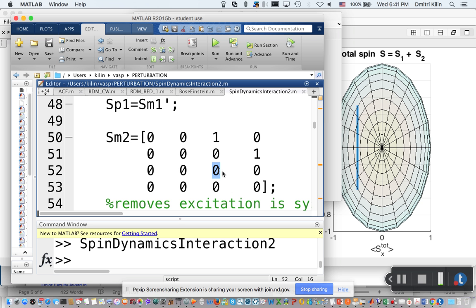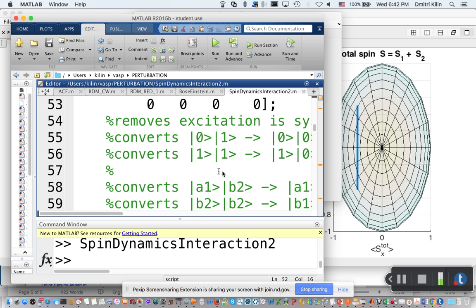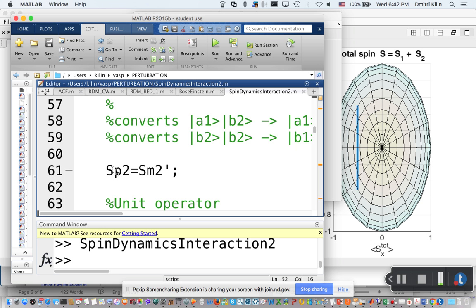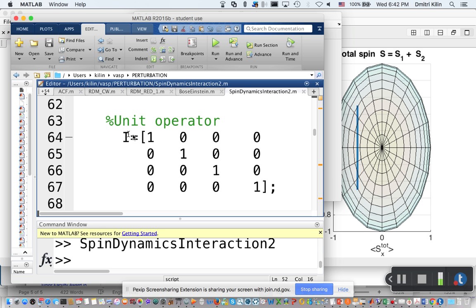So let's skip this line, this line, this line, and this line. And then it will reduce to a 2 by 2 matrix, right? And as soon as we do this little intellectual effort, we can do the creation operator just by transpose and conjugate. And then we also may install the identity operator.